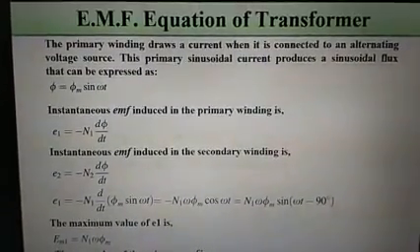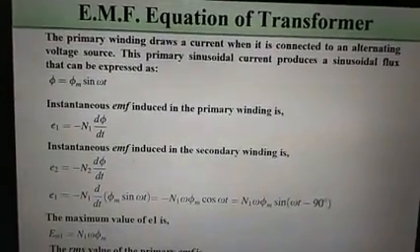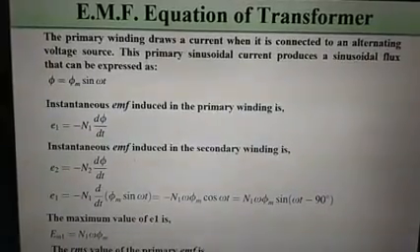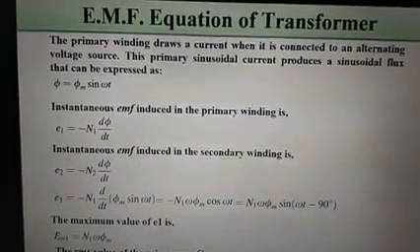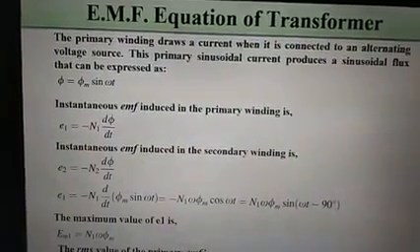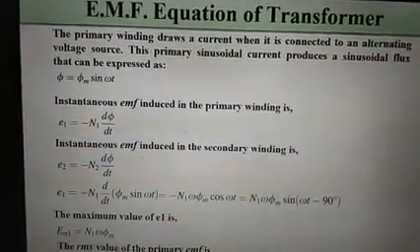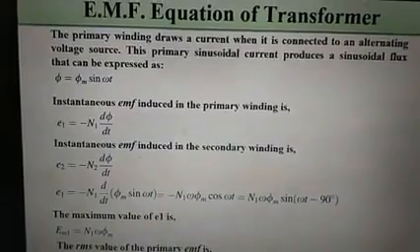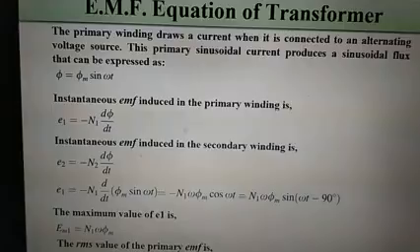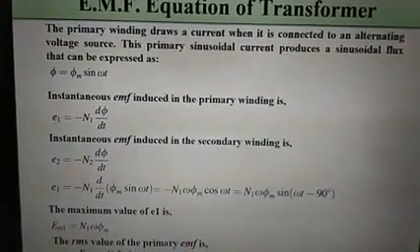Now let us see the EMF equation of the transformer. This equation has already been discussed earlier. However, see again, the primary winding draws a current when it is connected to an alternating voltage source.